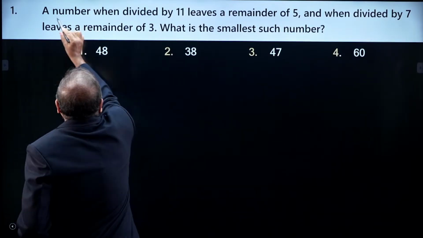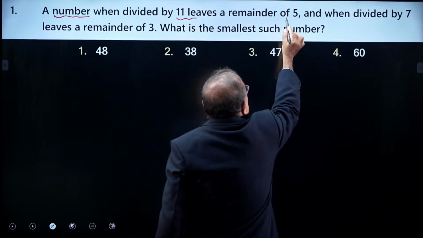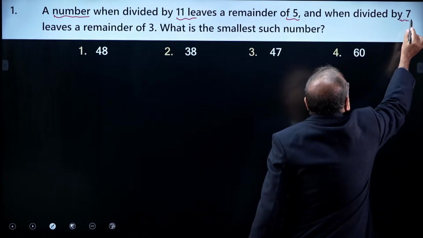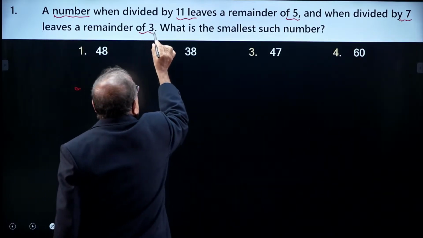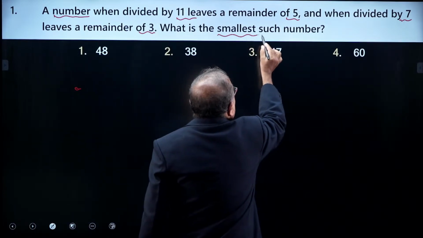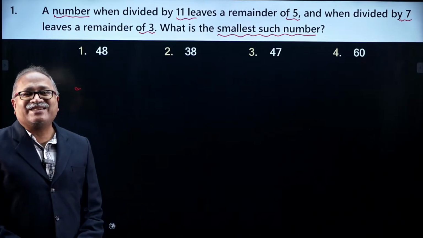Here a number is divided by 11, leaves a remainder of 5. Fine. Now, when divided by 7, leaves a remainder of 3. What is such smallest number?